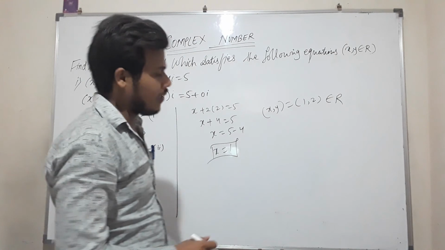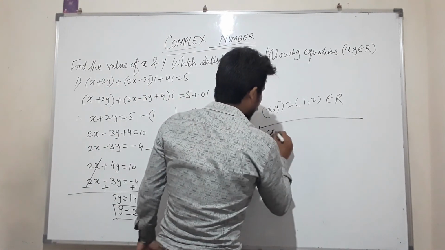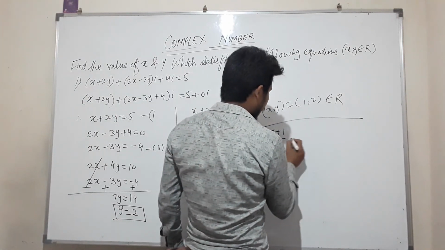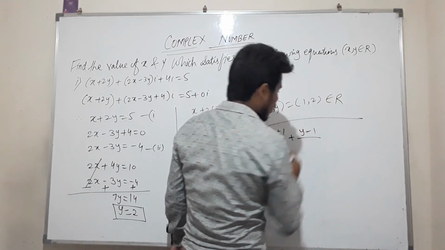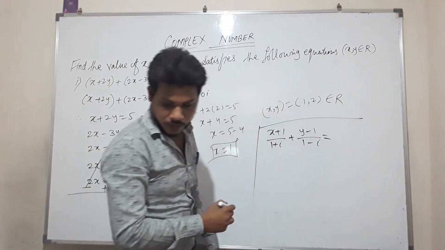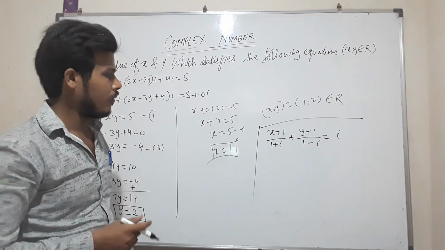The second question that is given in the textbook is x plus 1 upon 1 plus I plus y minus 1 upon 1 minus I is equal to I. So how will you solve this question?